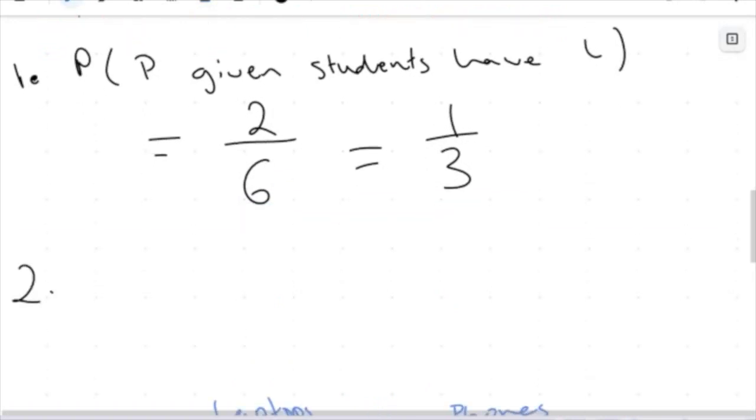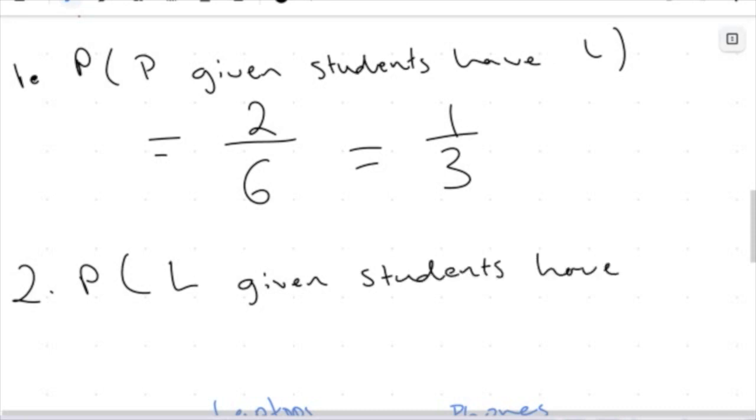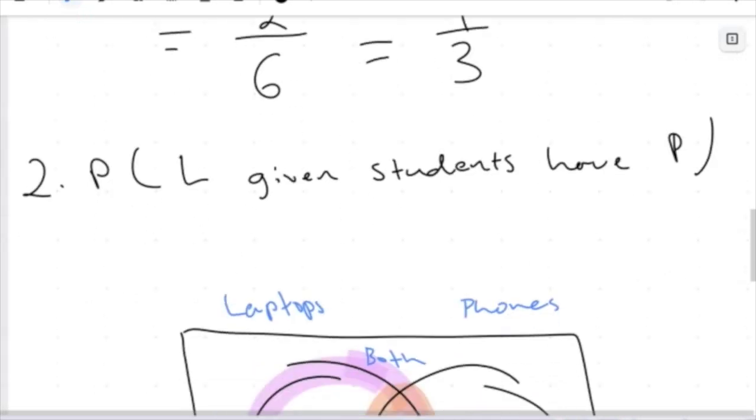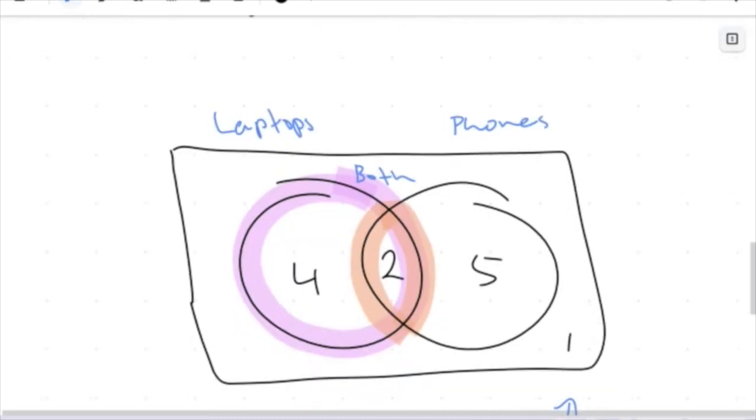Now let's see how this changes if we went the other way. So for question 2, for example, let's find the probability that students have laptops given students have phones. Let's go the other way and see how this changes our probability here. So I'm going to get rid of all these sections and we're going to start again.